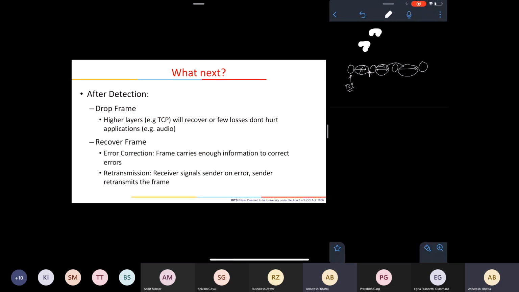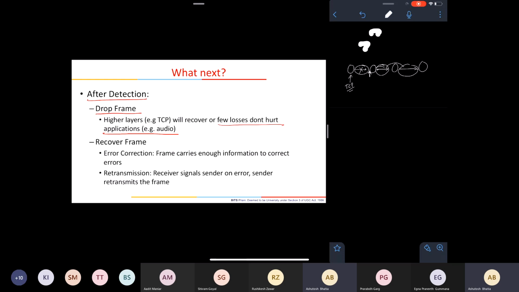So then what to do? You know you have errors, you want to detect them. One question is what to do after detection. You can just drop the frame and let the higher layer, TCP, recover the losses. So if the frame got lost at the first hop, the timeout will eventually occur at the TCP. That is one approach. You don't do anything, and sometimes a few losses really don't hurt applications.